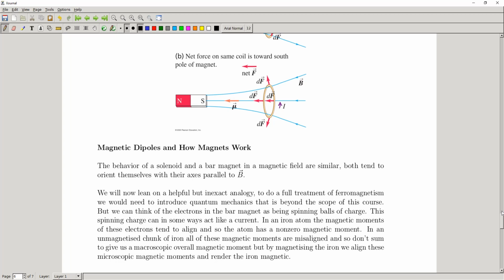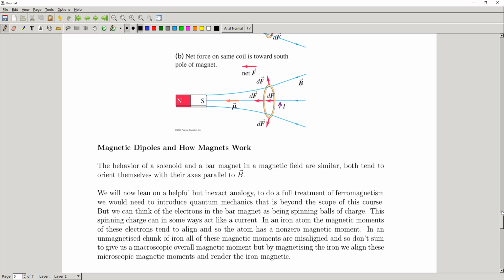So we want to think a little bit about a solenoid and a bar magnet, right? If we think about a solenoid and a bar magnet, the magnetic fields for both of these are similar, or at least the way they orient themselves to the magnetic fields that they might be sitting in are similar, right?